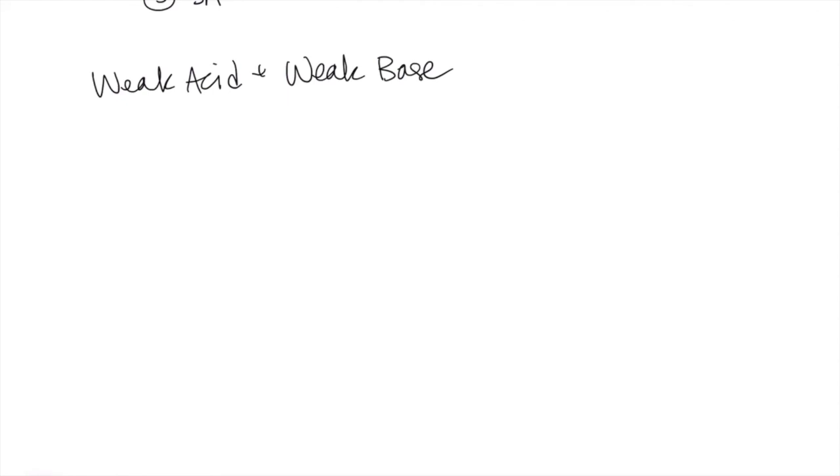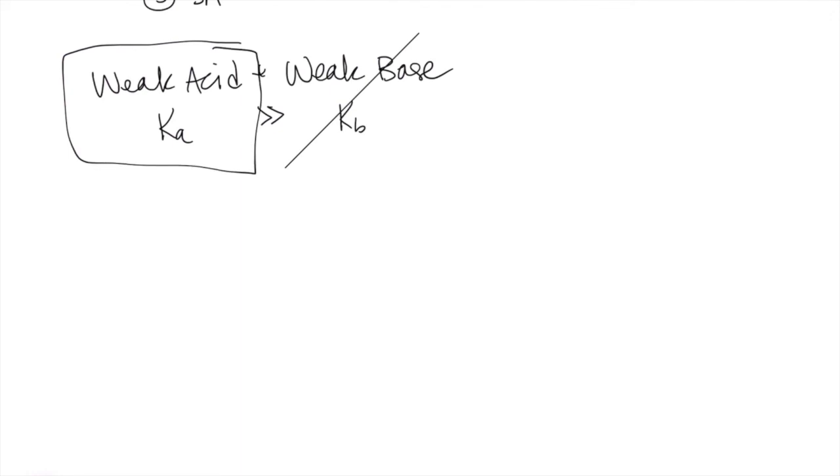We would want to look at the Ka for our weak acid and the Kb for our weak base. And whichever one is larger, we're going to ignore. So in this case, let's say our Ka for the acid is greater than our Kb for the base, by a couple orders of magnitude, okay? Ka is bigger than the Kb. What do we do? We just ignore this and we calculate it entirely with the Ka.